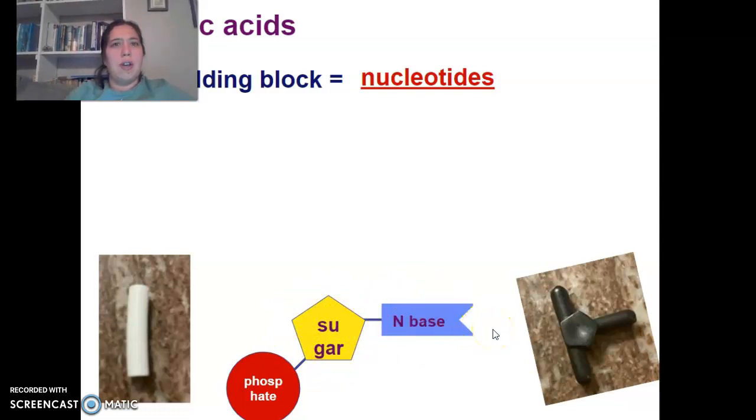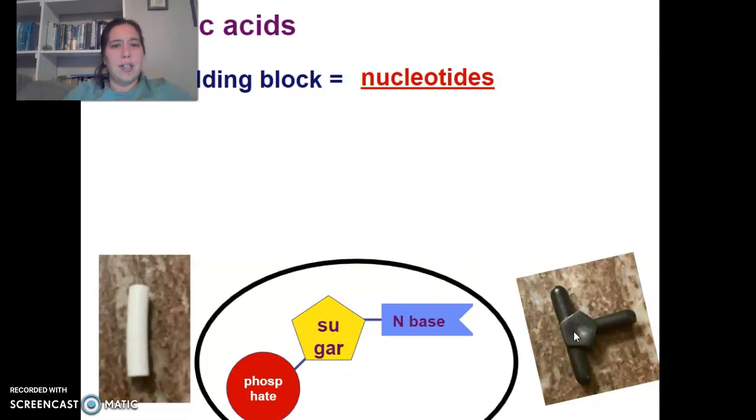And for those of you that have access to a modeling kit, our modeling kit is using these white tubes as the phosphate group, and these black connectors with that pentagon or 5-sided shape as our 5-carbon sugar. And we'll get back to that in a second.